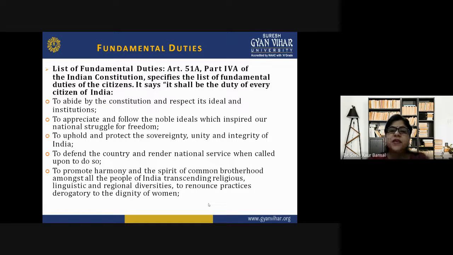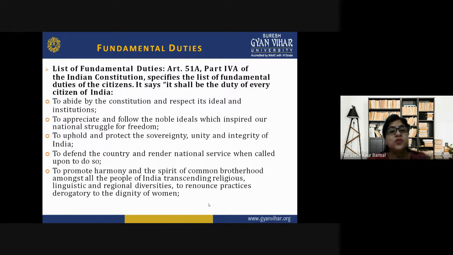It says it shall be the duty of every citizen of India, first, to abide by the Constitution and respect its ideals and institutions. Secondly, to appreciate and follow the noble ideals which inspired our national struggle for freedom.